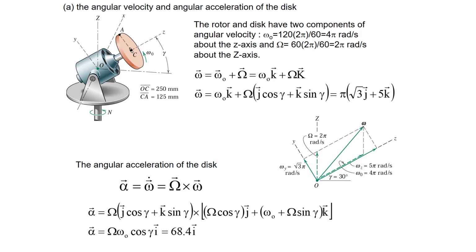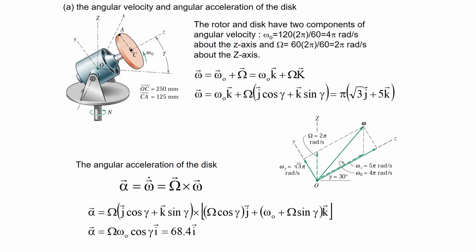And then you can go through this exercise of taking cross products. Everything is now in small ijk. So you can do this cross product operation, and then you will get alpha as 68.4 i. Okay, so that's a little algebraic manipulation, right? So that's what we have then.